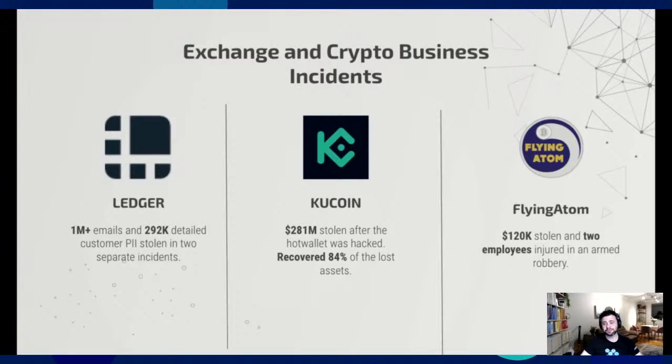Flying Atom is an exchange in Poland that had a physical incident. $120,000 were stolen after armed attackers broke into the physical building of the exchange, injured two employees, and I guess they figured that the exchange has some funds, which surprisingly it did. It was storing gold on premises. Physical threat is something that is not often considered in exchange security, but it is part of the overall model, though.